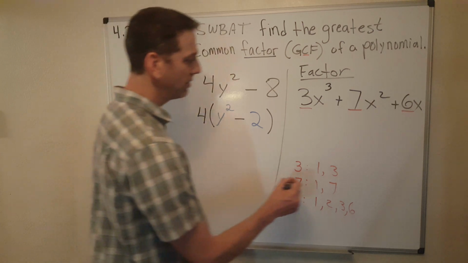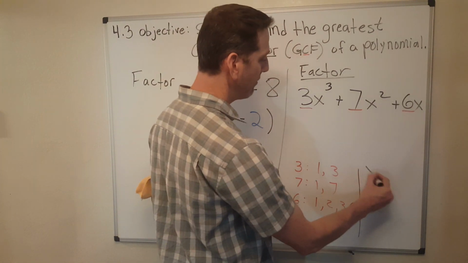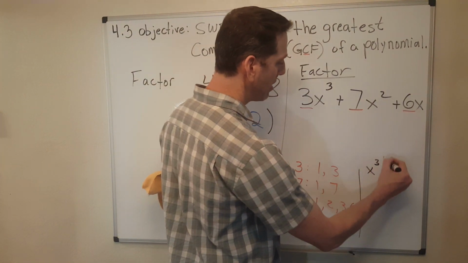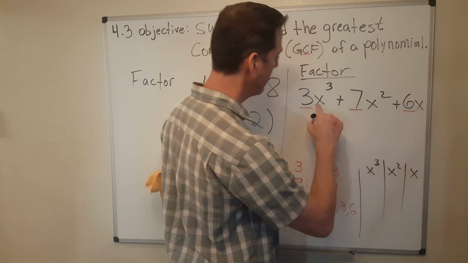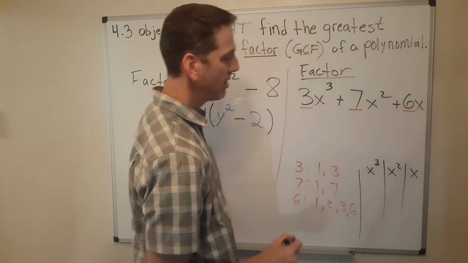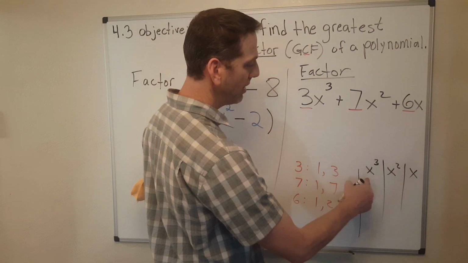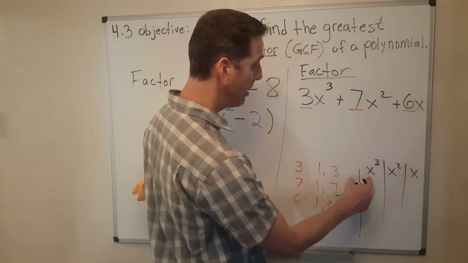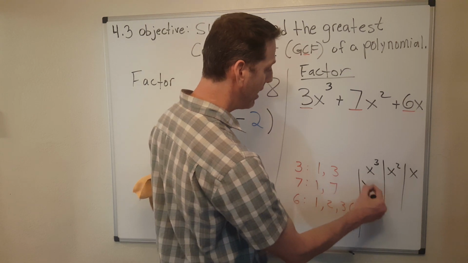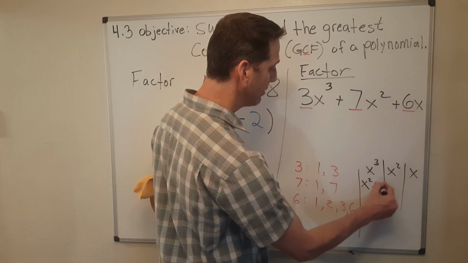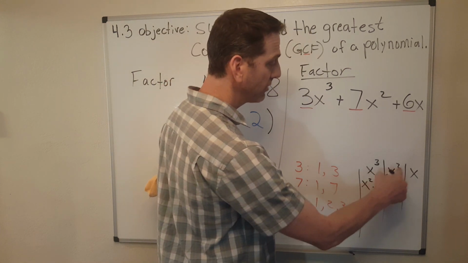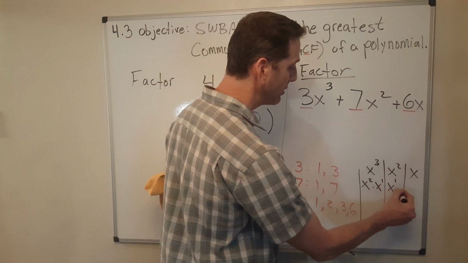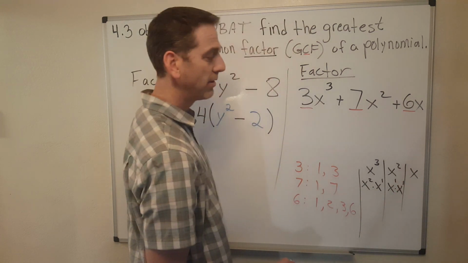Well, let's take a look. I have x to the third, I have x squared, and I have x, right? Well, I could factor x to the third as what? X squared times x to the first, right? And I could factor out x squared as x to the first times x to the first.